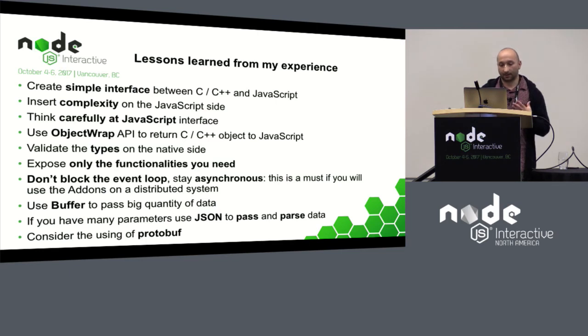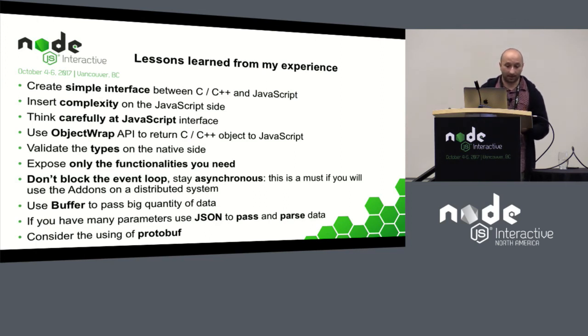And yes, think carefully about your JavaScript API, because at the end, you can change your native code, even your native dependencies, for many reasons, maybe for performance, because you find a C++ library that performs better, but changing your JavaScript API is always bad, because developers that are using your module will be in a very difficult time.